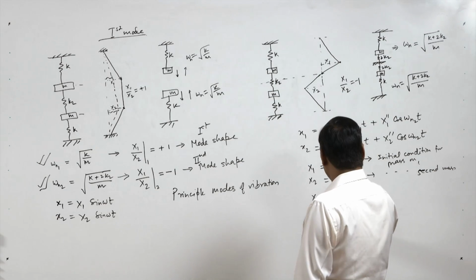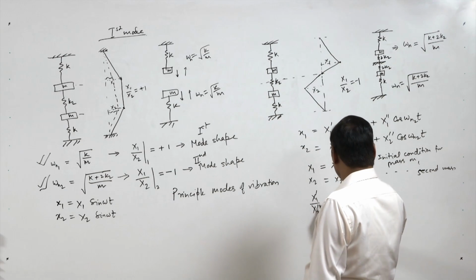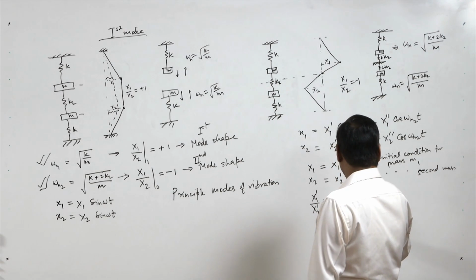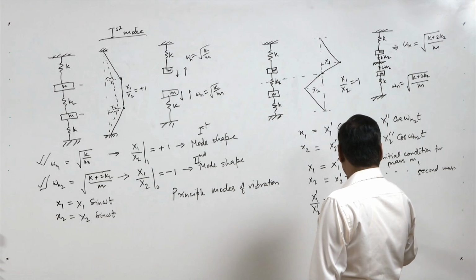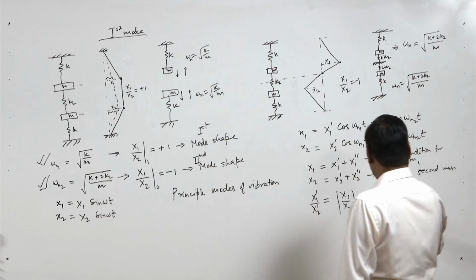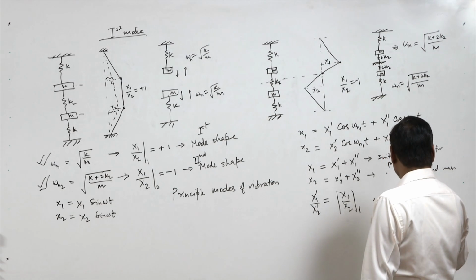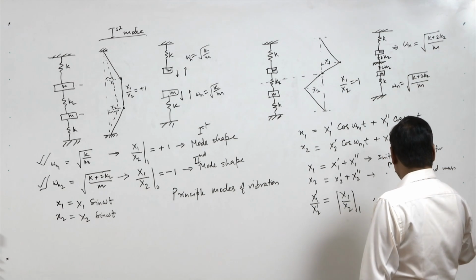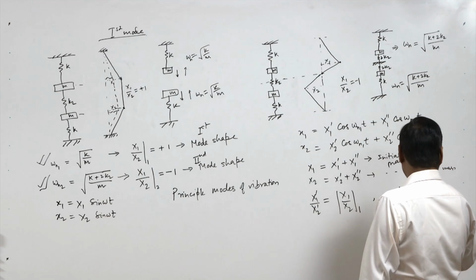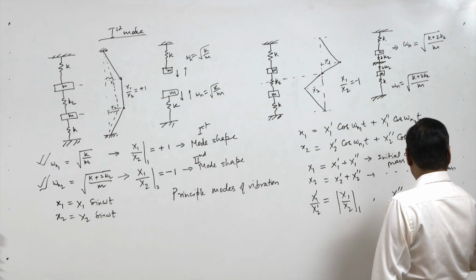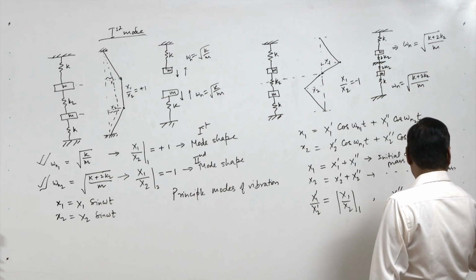So here x1 dash by x2 dash will be equal to x1 by x2 of the first mode, and x1 double dash by x2 double dash will be equal to x1 by x2 of the second mode.